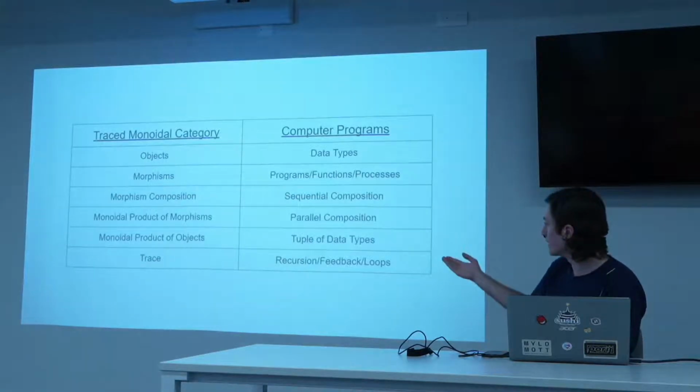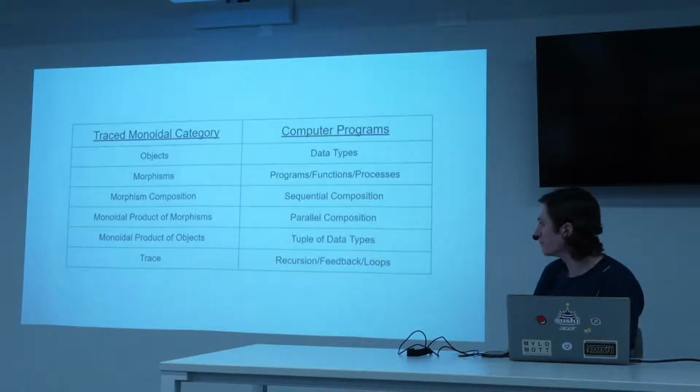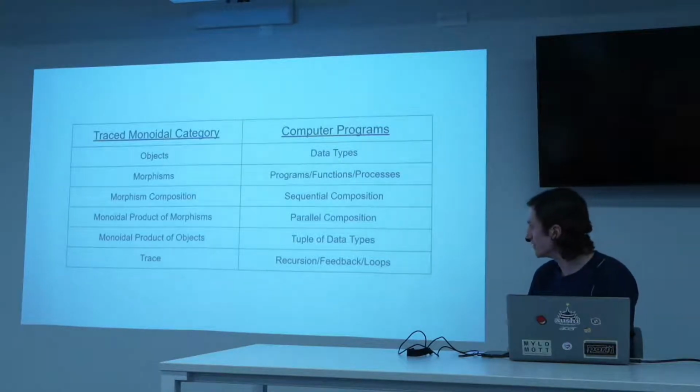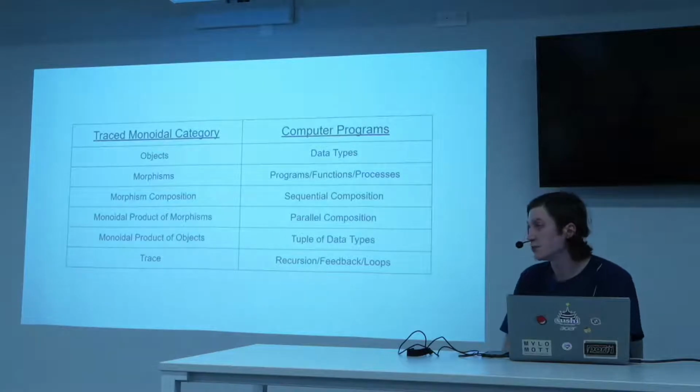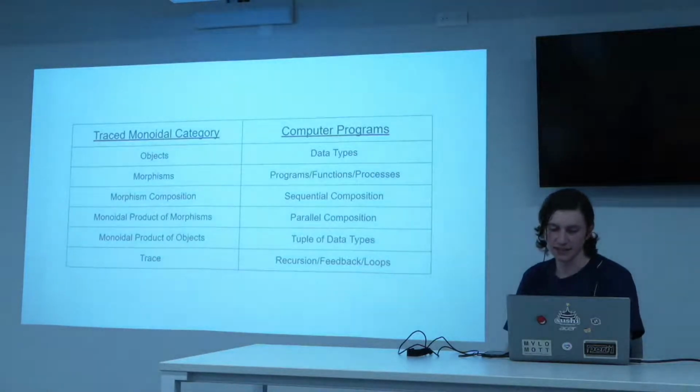That's why the monoidal product acts on the objects, and that would give you an idea of a tuple of data types. And then the trace is simply a way of modeling recursion or feedback in the category.